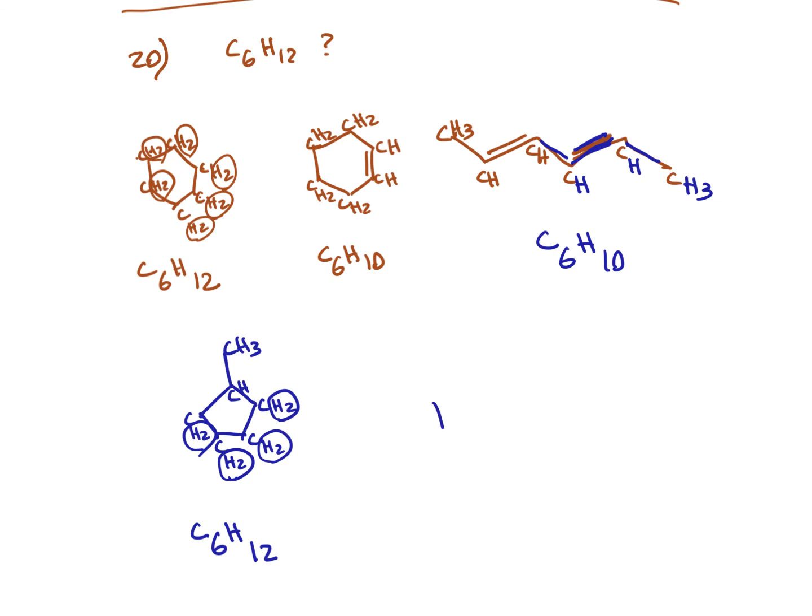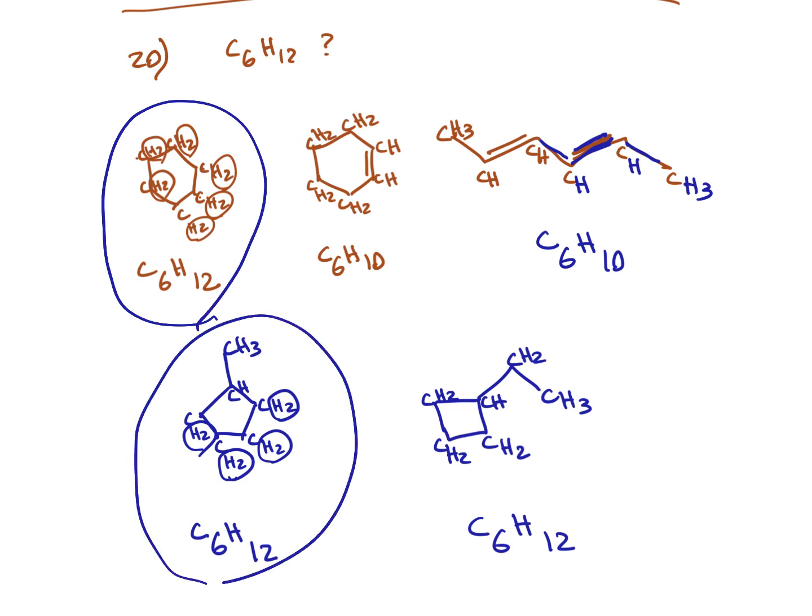Okay, and the next one. H would be 2 here, 2 here, 2 here, 1 here, 2 here, 3 here. Right. So you see this structure, and this structure, they have C6H12, which in the figure are 1, 4, 5.